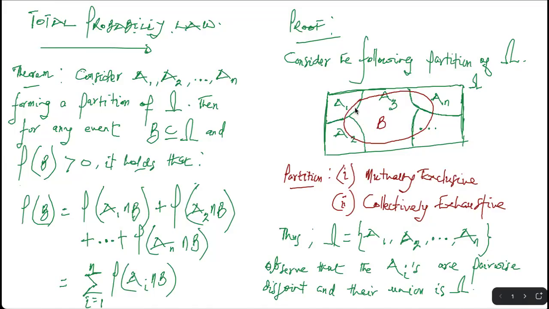Look at it closely. If I want to get the whole circle back, I can take the intersection of A1 and the B. That will give me the small portion. I can take the intersection of A2 and the B. That will give me the small portion. I can take the intersection of A3 and the B. That'll give me the small portion. I can take the intersection of A4 and the B. That'll give me this portion, and so on and so forth, till I get to the intersection of the AN and the B. That will give me this small portion.